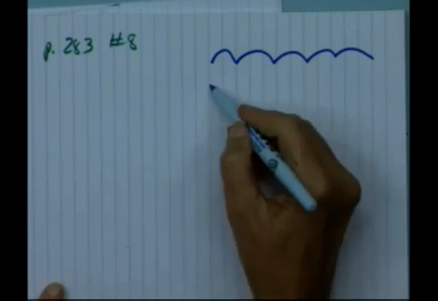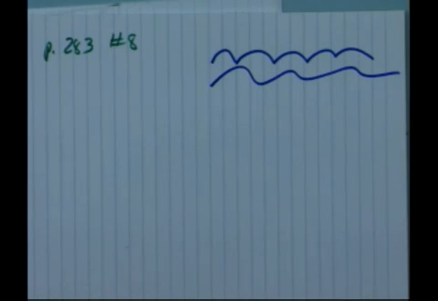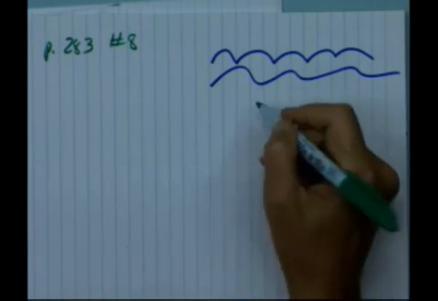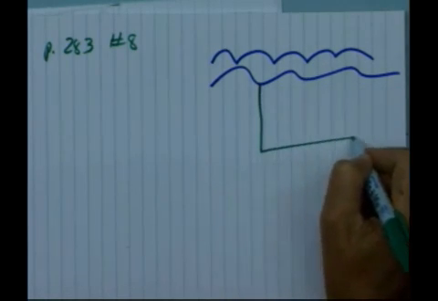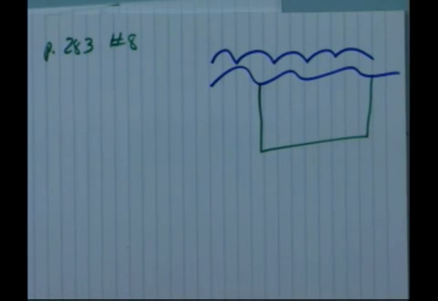Always helps if you draw a picture. I think water is blue, so let's draw the water as blue. I'm off the screen. Oops, there we go. There's the water. That's the river. There you go. All right, now we're going to put a fence right here. Whatever we have here is scared to get in the water.